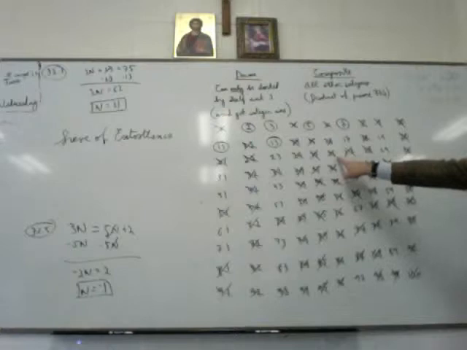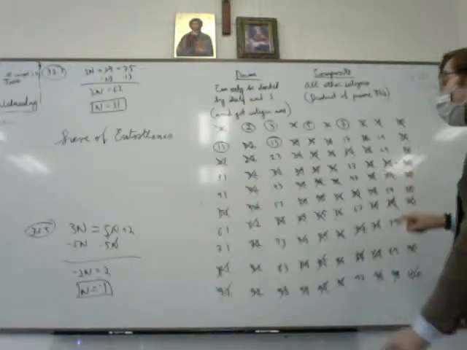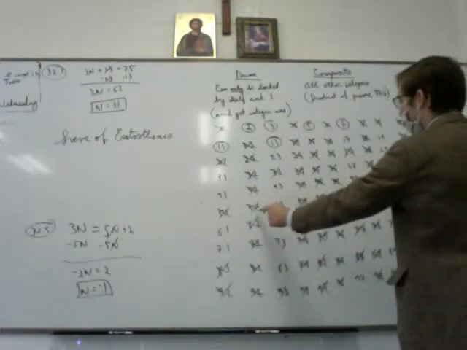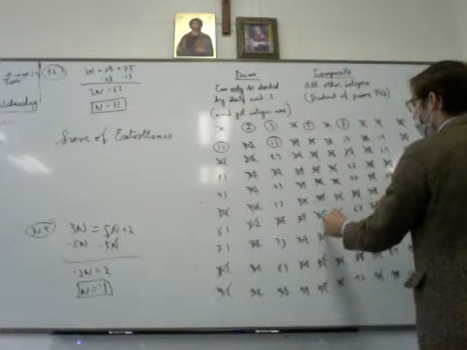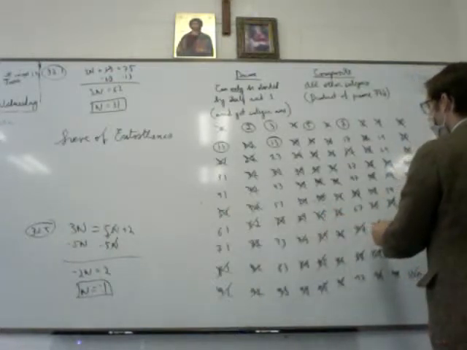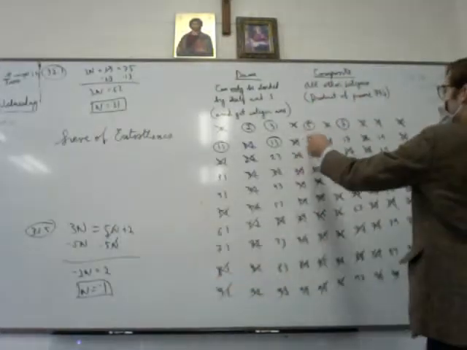What's next? 52, already out. 65, already out. 78, already out. 91, already out. Okay, 40, 50, 60 are out.